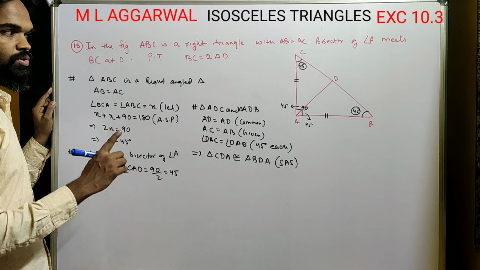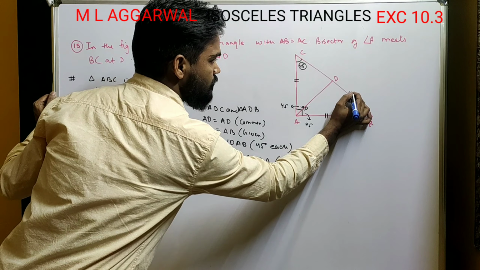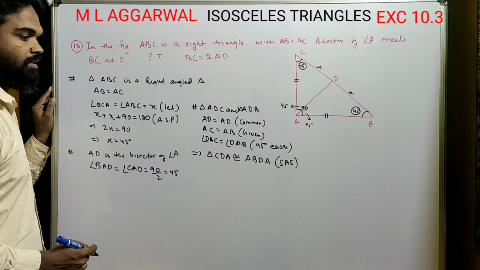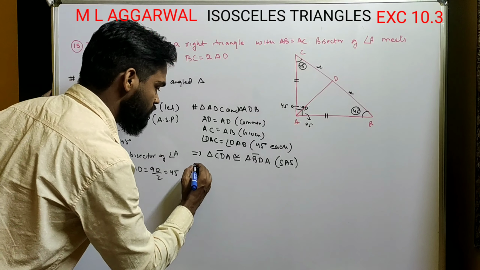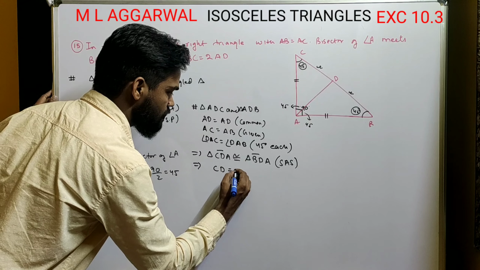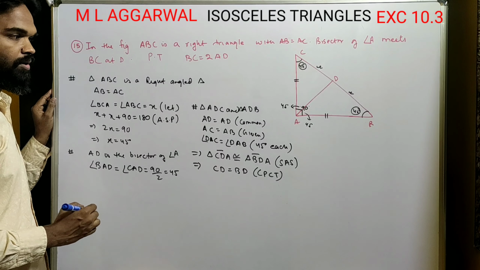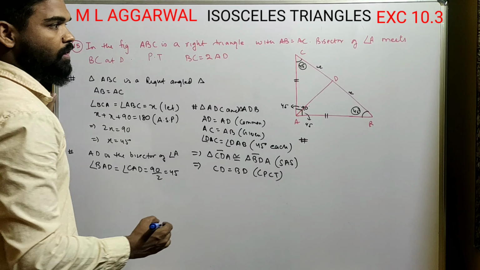And if these two triangles are congruent, can I tell that this side, BD and CD, are equal, CPCT, which implies CD equals BD, CPCT. Done. Now look at the last part.